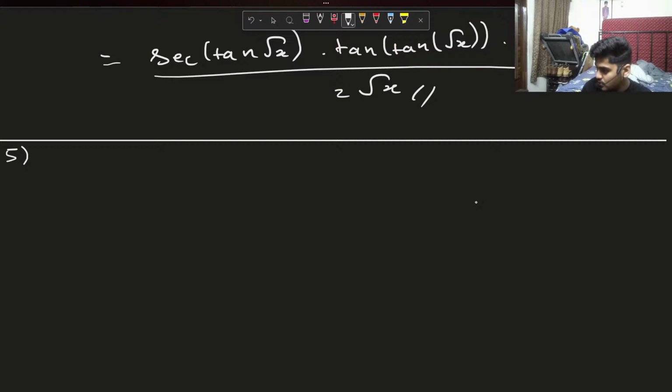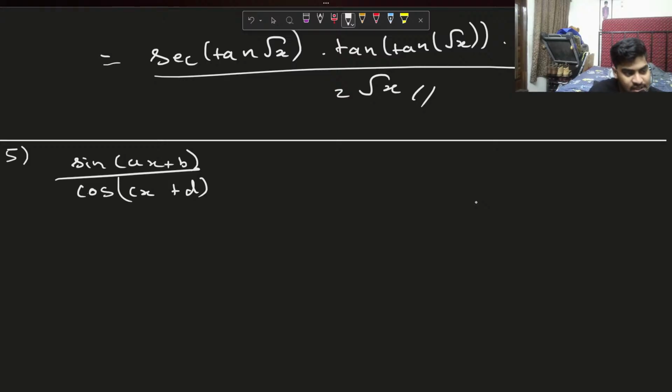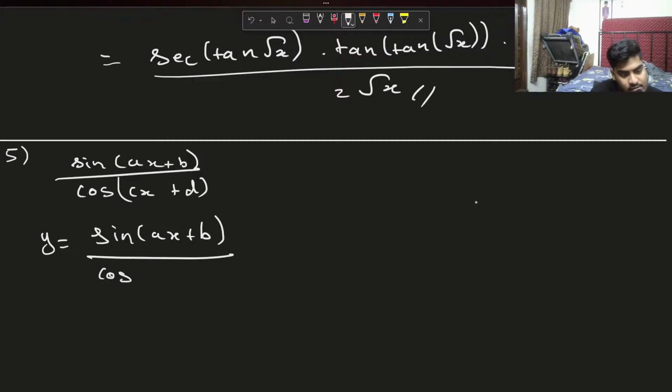Sin of ax plus b by cos of cx plus d. Always do the naming ceremony first, then start. Since it is like this, you have to use the u by v rule. Remember when to use the u by v rule and when to use the uv rule.